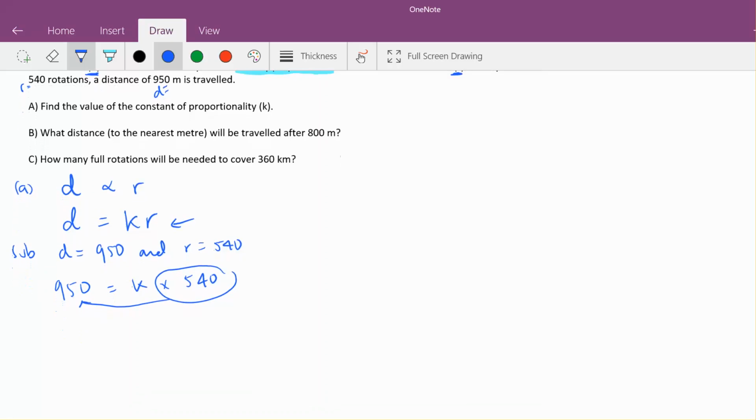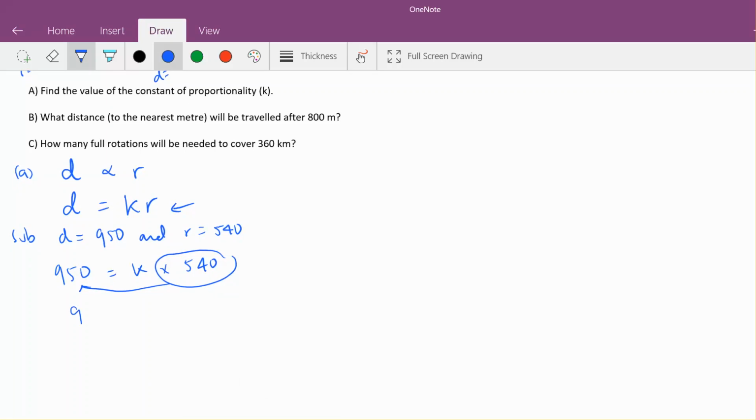It's going to be divide. So 950 divided by 540 equals k. I'm just going to swap sides here. k equals 1.759... keeps going. Let's just use 2 decimal places. So k equals 1.76.